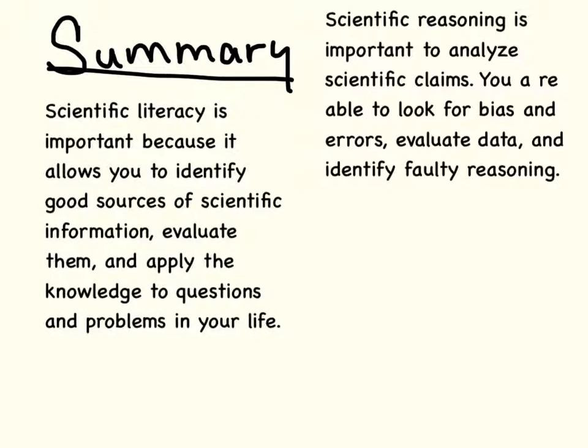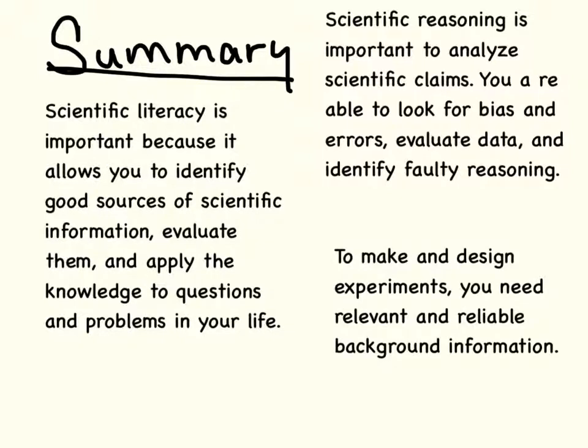Scientific reasoning is important to analyze scientific claims. You are able to look for bias and errors in the research, evaluate data, and identify faulty reasoning. And finally, to conduct research and to make and design experiments, you need relevant and reliable background information.